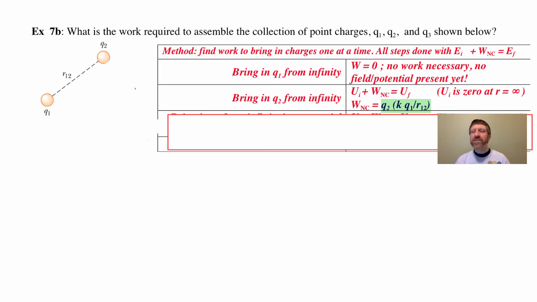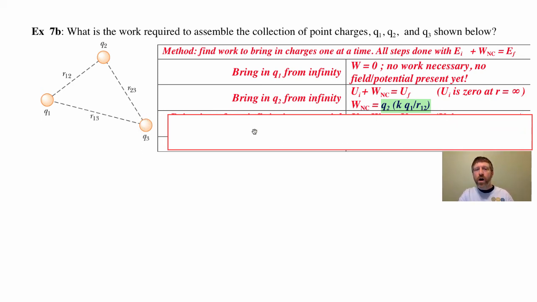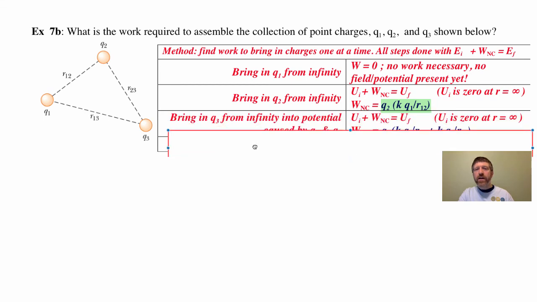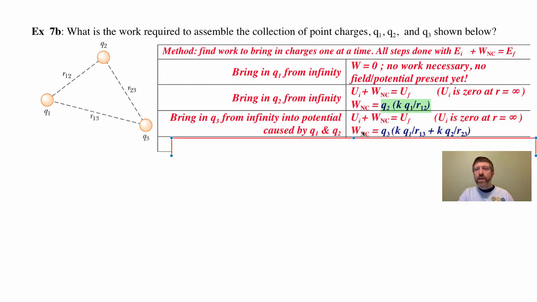So now our last step, which is the hardest: how hard is it to bring in Q3? Keep in mind that now both of these charges are there, and they both contribute to the potential at that point. So bringing in Q3 is the most work of all. Again, U initial plus work non-conservative equals U final. The work just to bring in Q3 is Q3 times the potential caused by the other two.